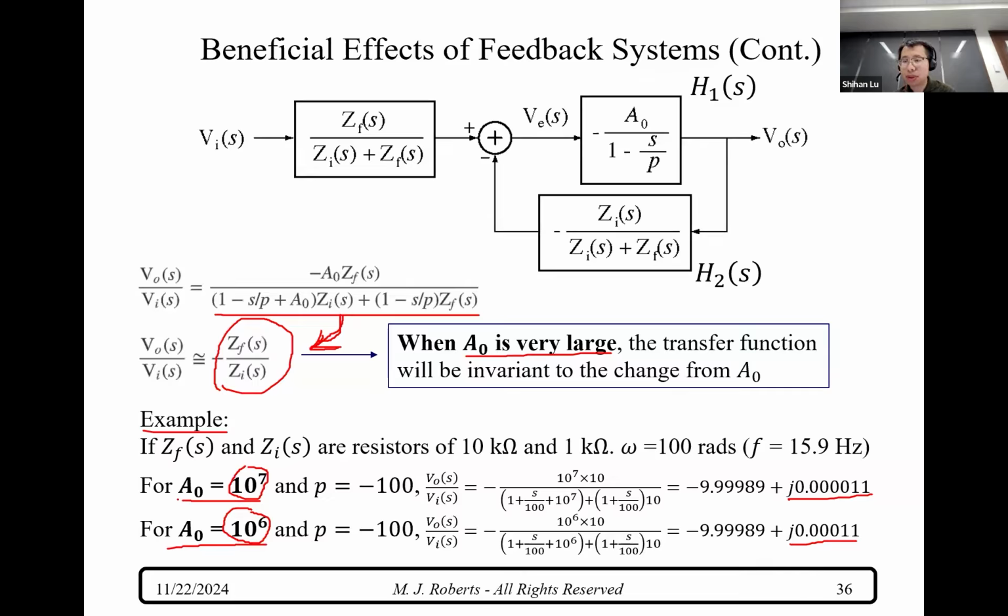There is always uncertainty, always noise in this process. But the good thing is that even with uncertainty and a shift in A naught, it does not really affect the system behavior, and that's another benefit of introducing feedback into your system.